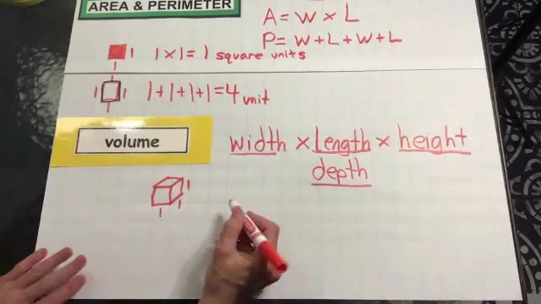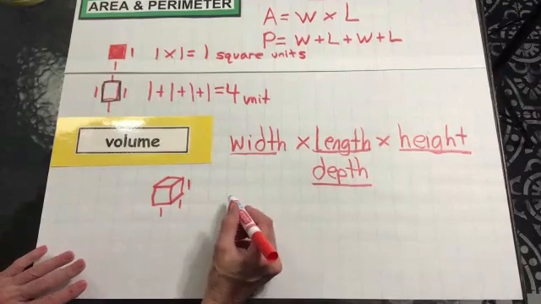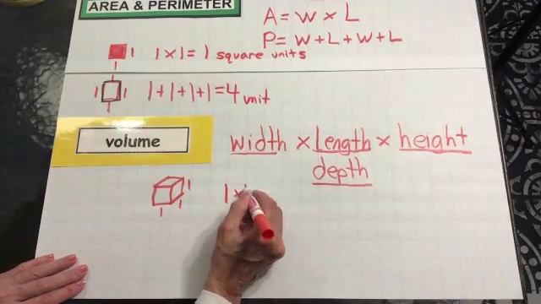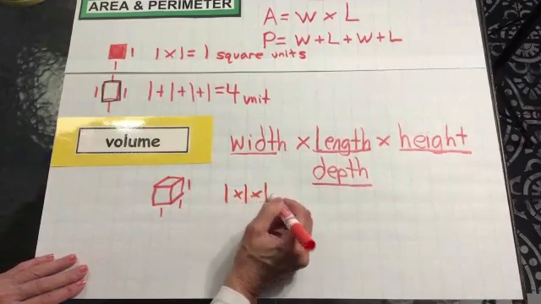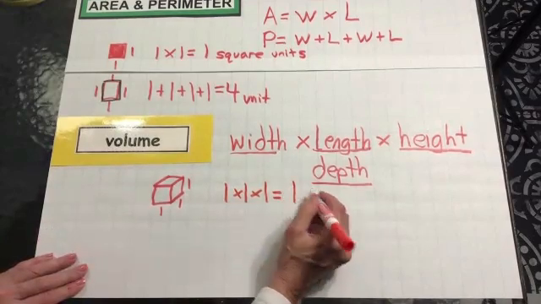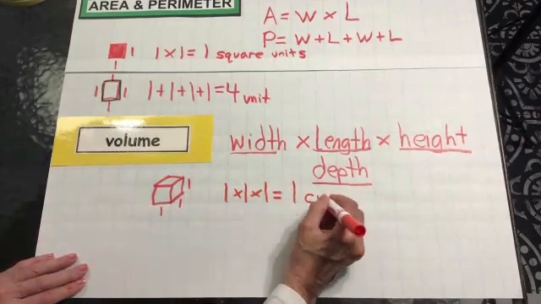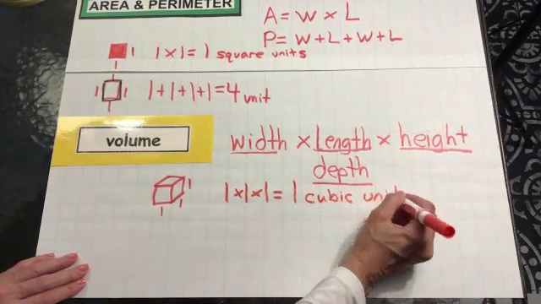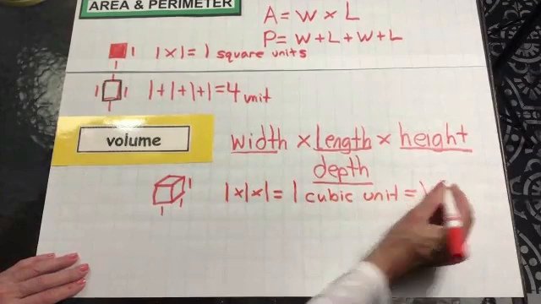So when we go to calculate this, it's a 1 by 1 by 1, which equals 1. And we're going to call this a cubic unit, which equals volume.